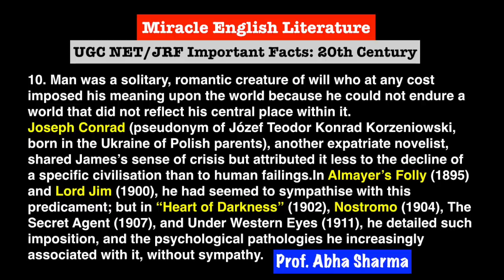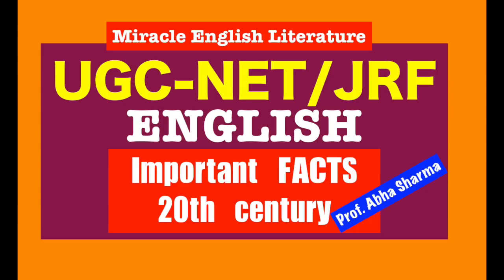That means the anxiety and the preoccupations of the 20th century literature, although the same was borrowed from the 19th century realism. To know more about 20th century literature, you have to read the actual text of the novels and plays written by these modern and postmodern authors.